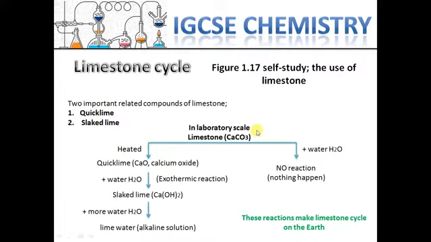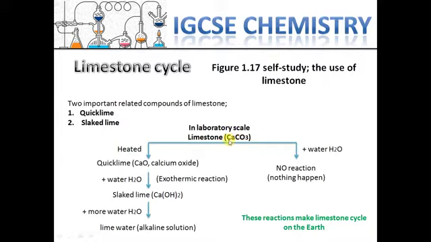In the laboratory, there are many experiments that have been carried out for limestone. Limestone is actually calcium carbonate. Calcium is a type of metal, and carbonate is a non-metal actually.